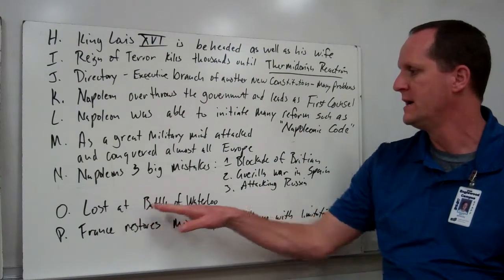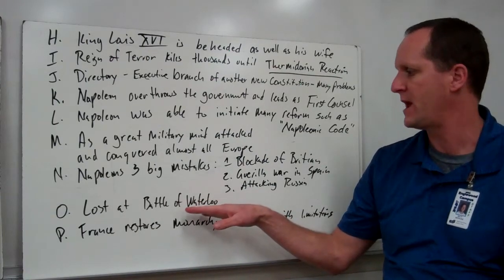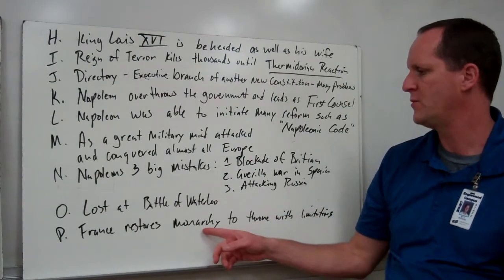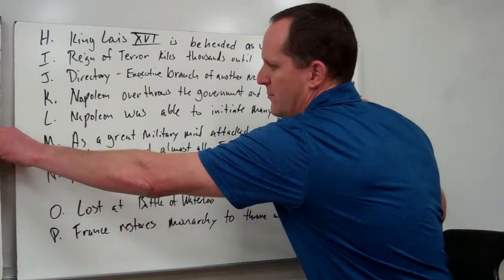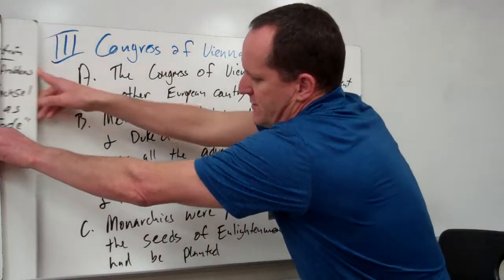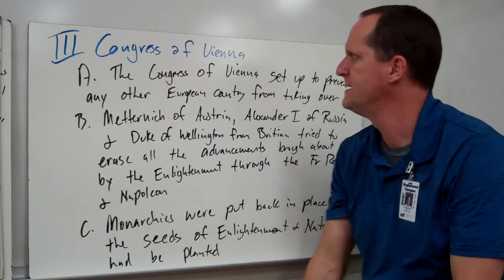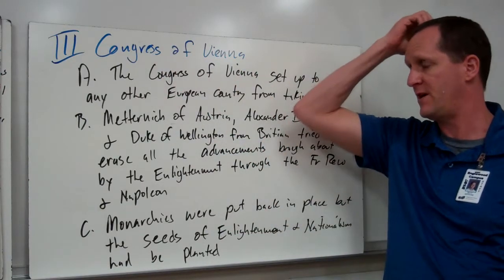So anyway, the loss at the Battle of Waterloo put Napoleon out. France restores its monarchy to the throne, and it had limitations because they weren't going to go for the absolute monarchies that they had in the past. Now, coming out of all of this warfare was the Congress of Vienna.